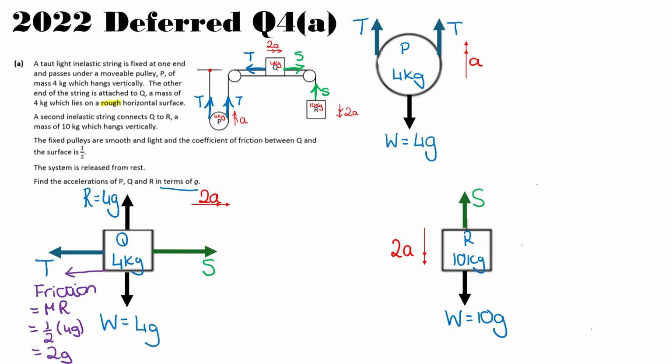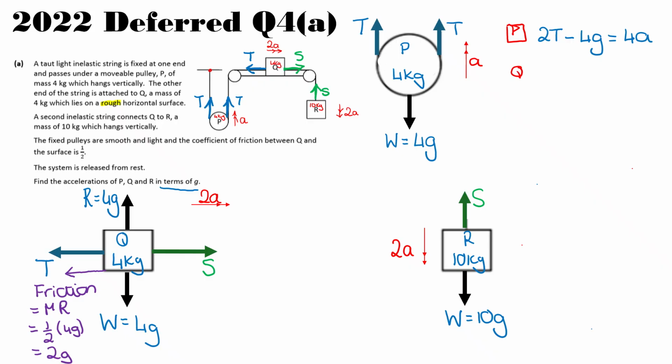So now for each of those diagrams, we can make a little force equation. So let's start with P. P is working upwards, so we have 2T minus its weight, 4g, is equal to mass, which is 4, times its acceleration, which is a.